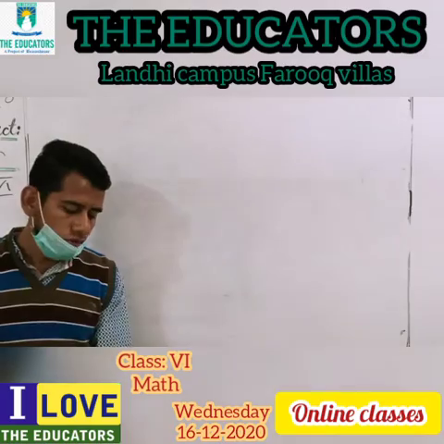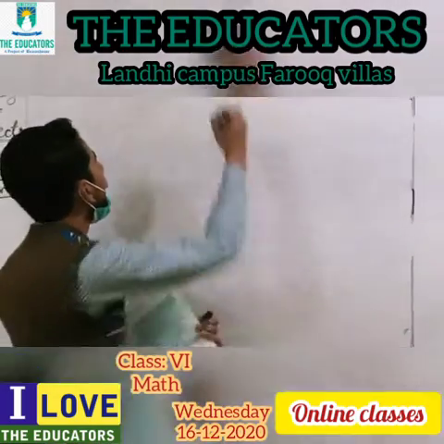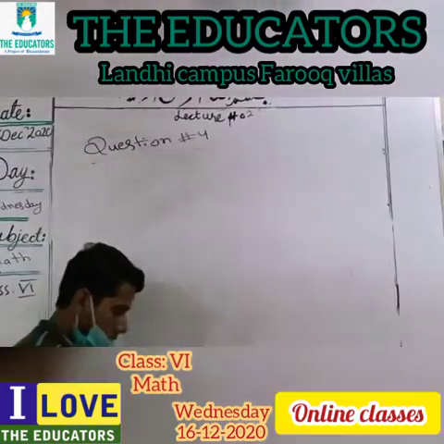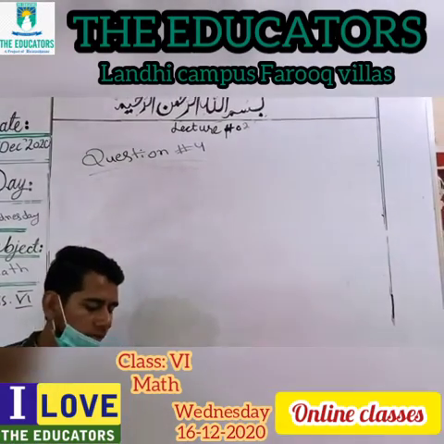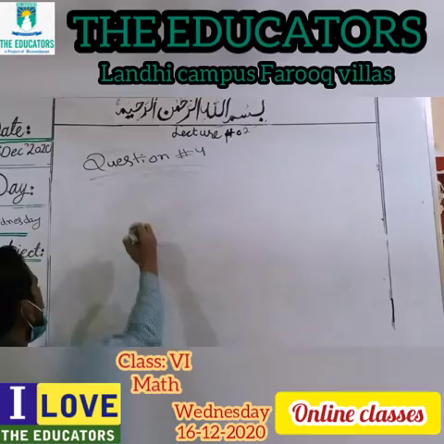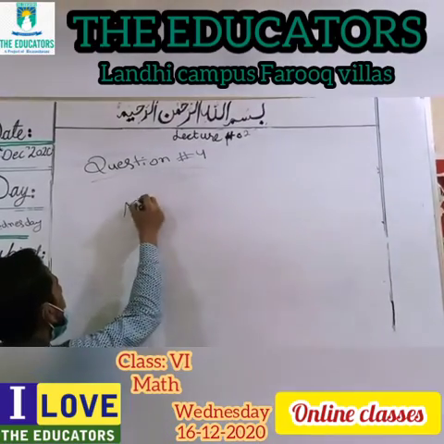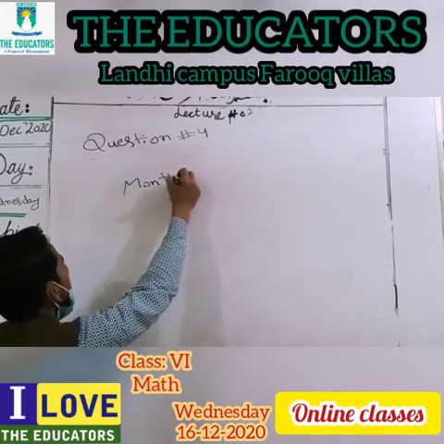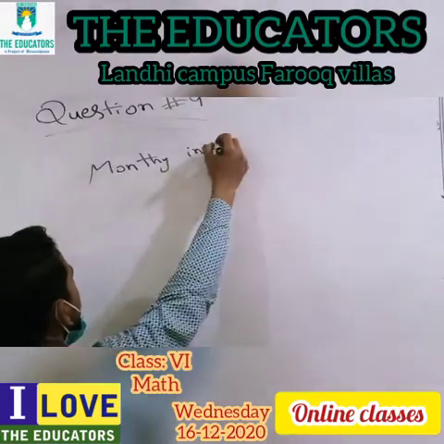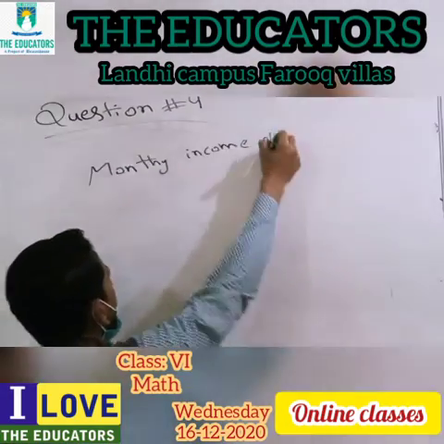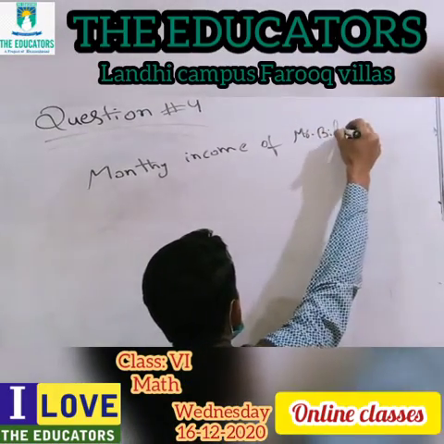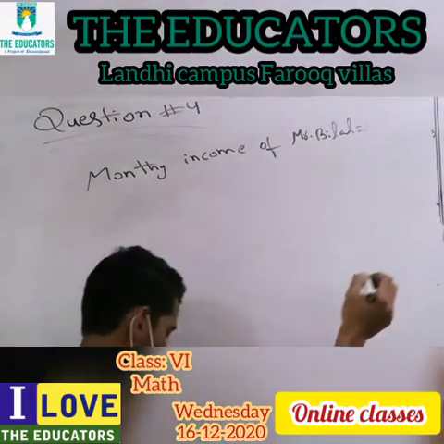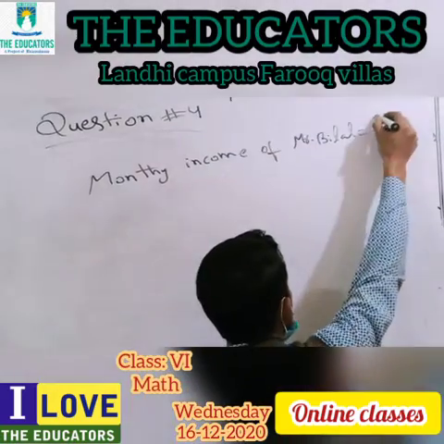Now let's move to question number 4. So in question number 4, they ask us, Mr. Bilal has a monthly income of 7,200. Okay, monthly income of Mr. Bilal is equal to 7,200.